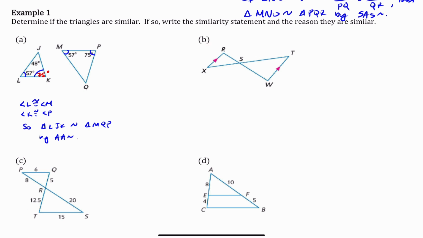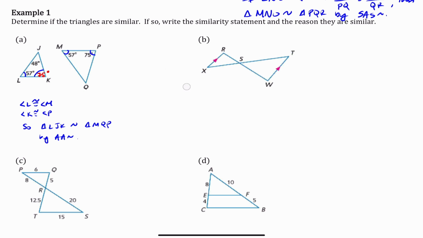For B, notice that we have these two triangles here. It's a bow tie problem, and see that XR is parallel to WT. So then I know that these two lines are parallel and they are cut by a transversal.